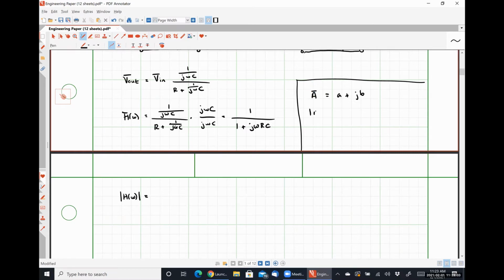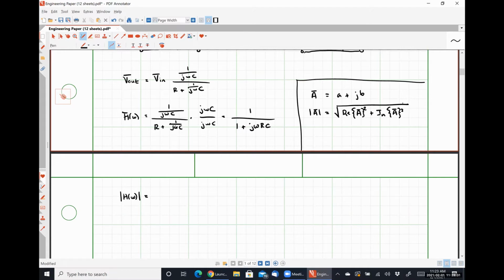The magnitude of complex number A is simply the square root of the real portion of A squared plus the imaginary portion of complex number A squared, and then we take the square root, which is from the Pythagorean theorem.